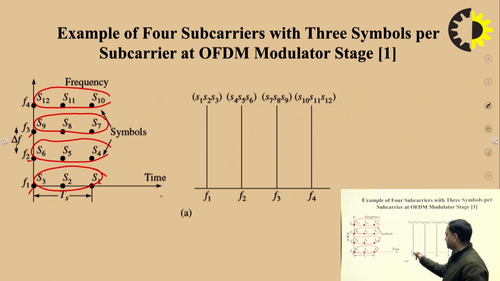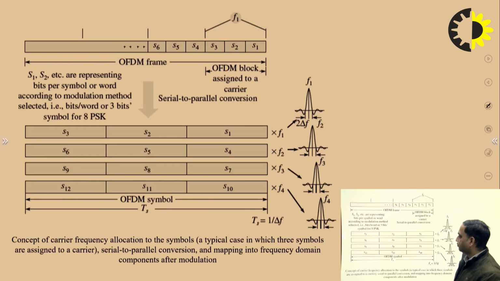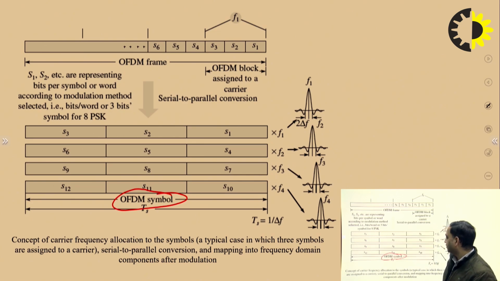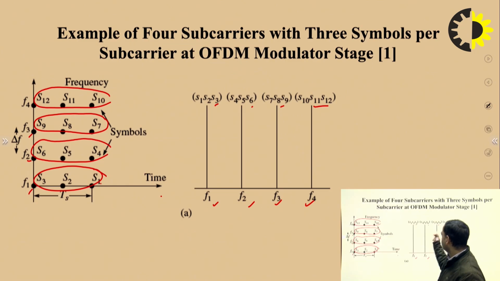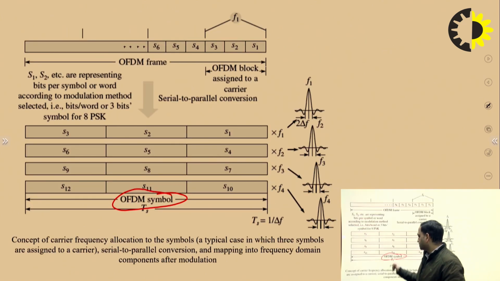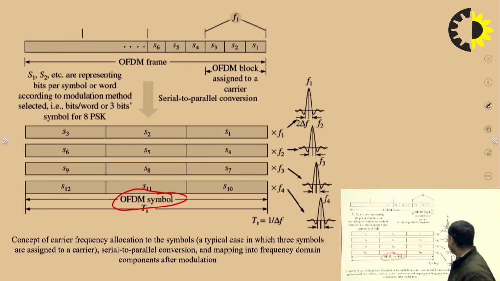So the representation is: F1 will modulate this symbol, F2 will modulate this symbol, F3 will modulate this symbol, and F4 will modulate this symbol. After combining all this, it is called the OFDM symbol. When we combine all these symbols at different frequencies, we call it the OFDMA symbol.